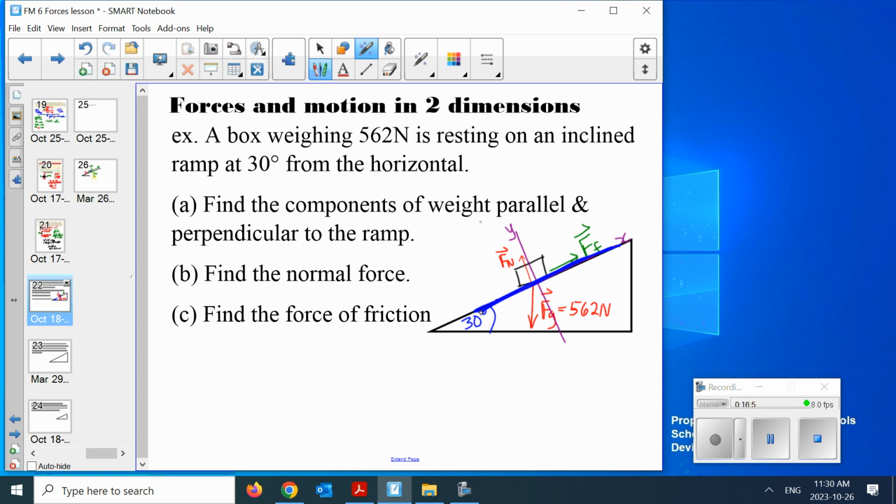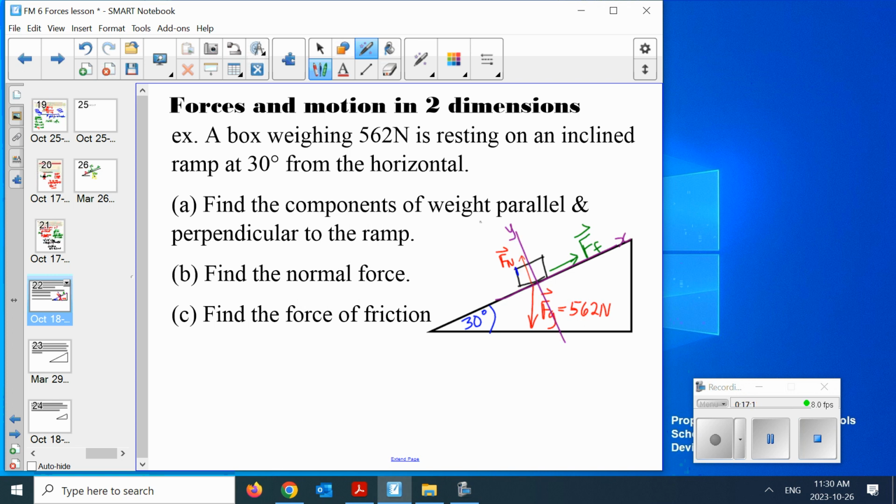That's why I have that x right here, and then the y, 90 degrees, perpendicular. Coming up with that diagram is important here. I'm going to explain it a little more before we start the problem.